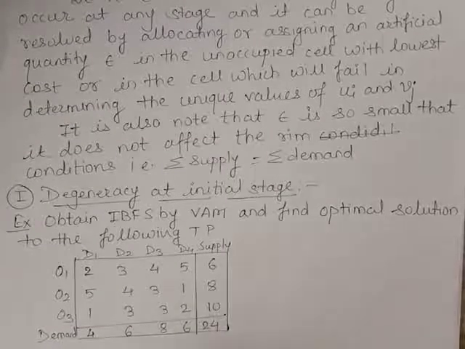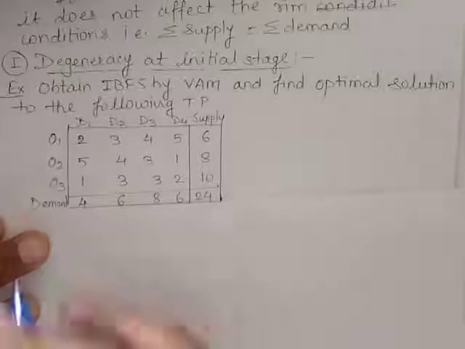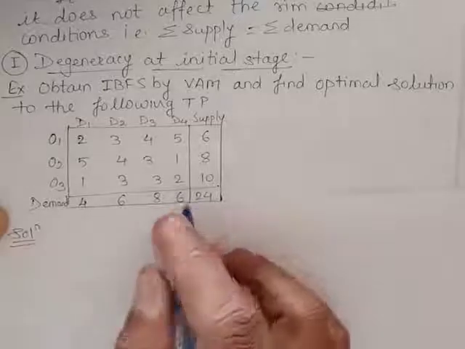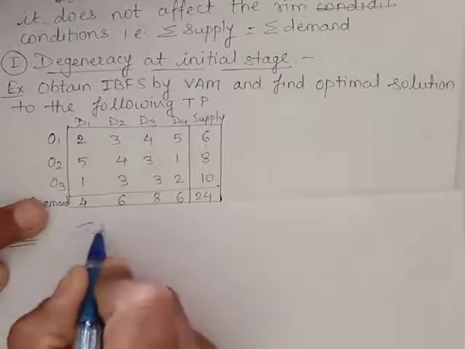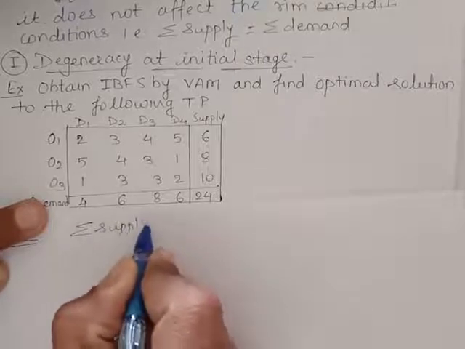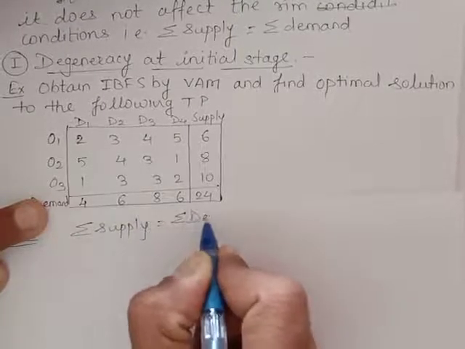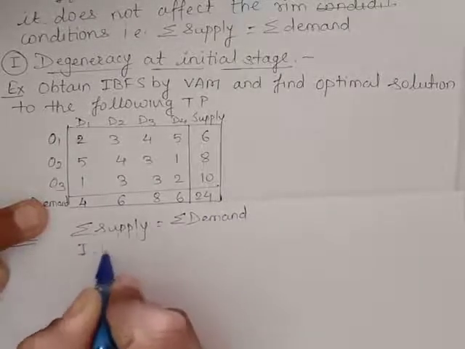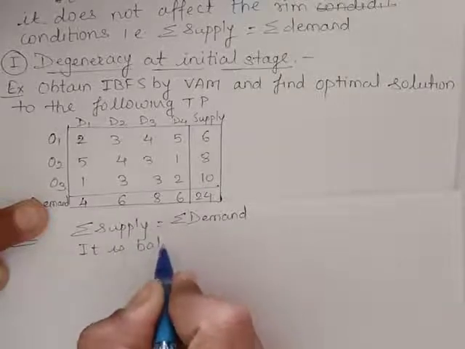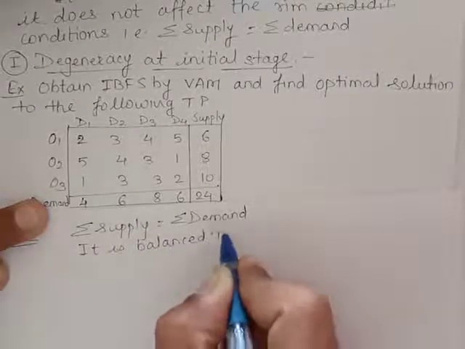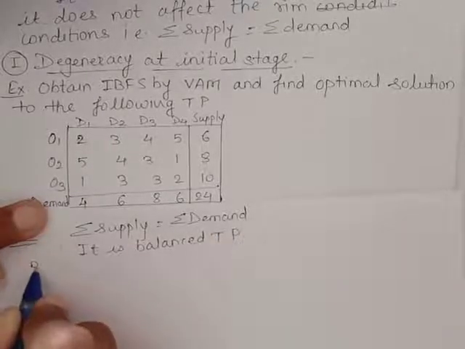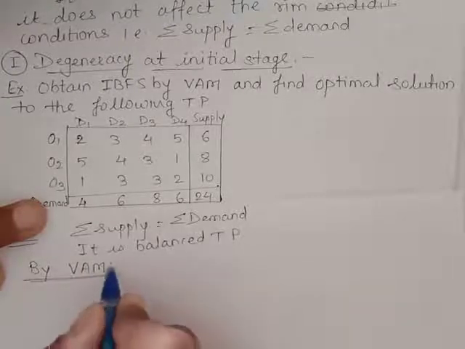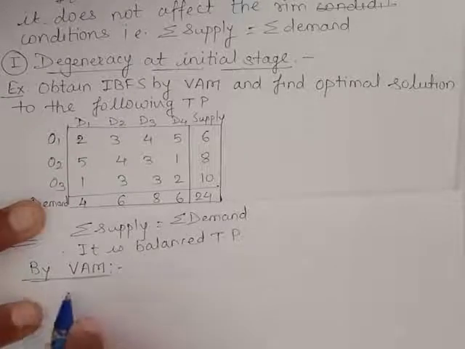So now let's solve this one. Solution: for this problem, what can we say? Summation supply equals summation demand. Therefore, it is a balanced transportation problem. By VAM, let's find the initial basic feasible solution.